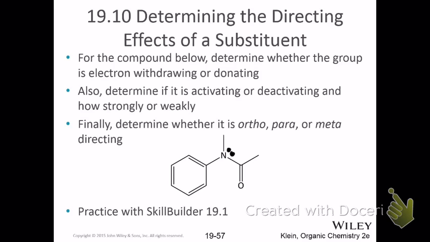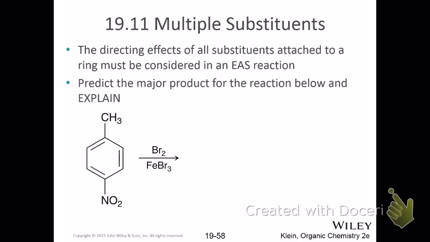And now you know that this is electron donating this way. It's not as strong an activator, an ortho-para director, let's say, as an amine would be, or an NH or NR2, because of that carbonyl group, but it's still an ortho-para director.